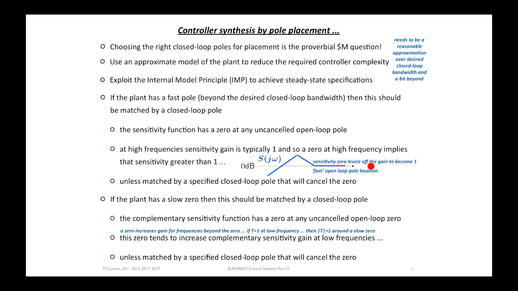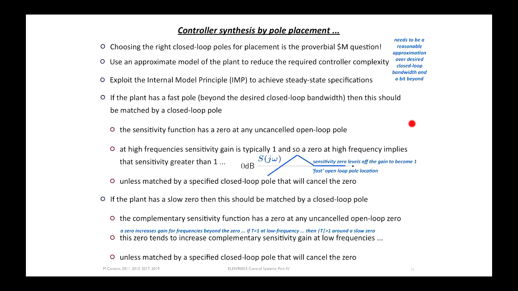if we're going to be getting sensible performance, and the sensitivity function will have a 0 at any uncancelled open loop pole. So if you've got a fast open loop pole, then the sensitivity function will have a 0.